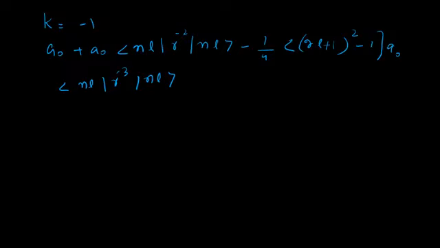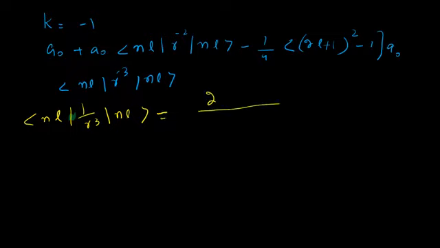Okay, so we can write the values. By simplifying, its value will be <nl|1/r³|nl> = 2 / (n³ l(l+1)(2l+1) a₀³).